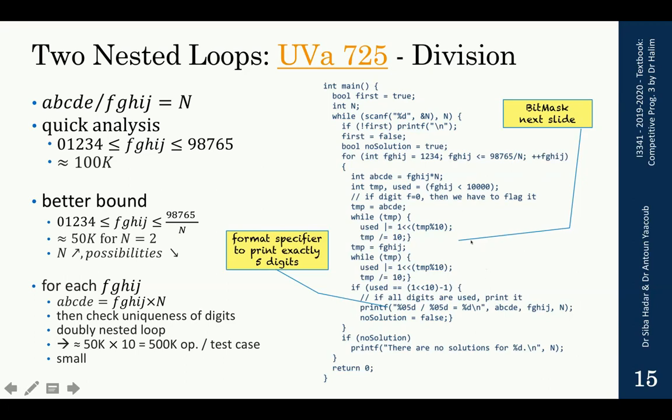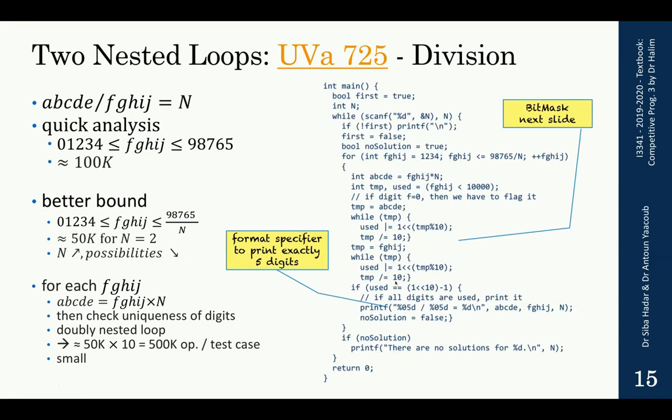And how do I know if this is unique or not? Because there are 10 digits, the used must be all 1. So if 2 digits are the same, then there must be 1 digit not used on the other hand.